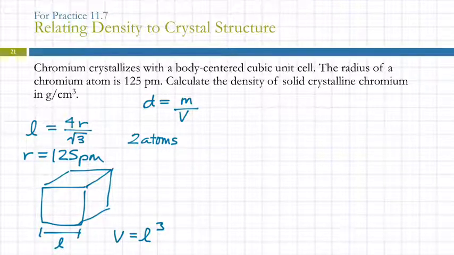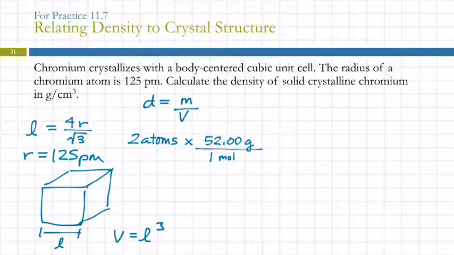Well, we've got the molar mass of 1 mole, right? So chromium, 51.9961. If you round that to 4 sig figs, that's 52.00. 52.00 grams per 1 mole, but we don't have a mole, we have atoms.